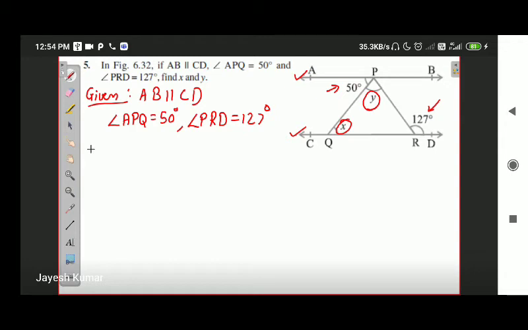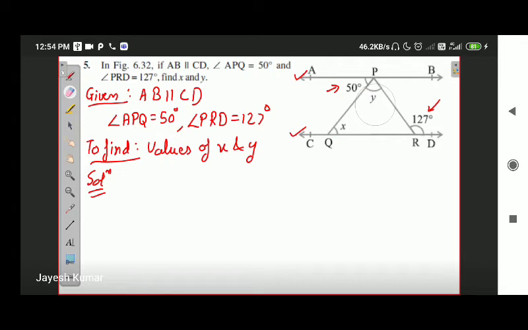What we need to determine, we have to find the values of x and y. This is quite an easy question. In order to determine the value of x, we just need to apply the parallel line property. For lines AB and CD parallel, I consider QP as the transversal.